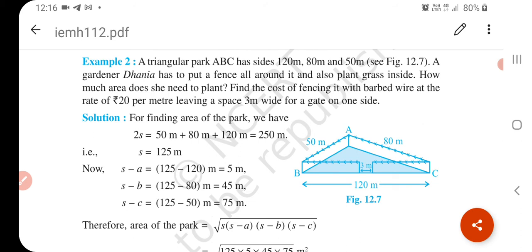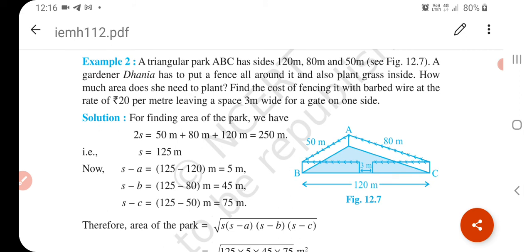How much area does she need to plant? Find the cost of fencing it with barbed wire at the rate of 20 rupees per meter, leaving a space 3 meter wide for a gate on one side. Okay, understand? So for finding the area of the park we first have to find 2s.